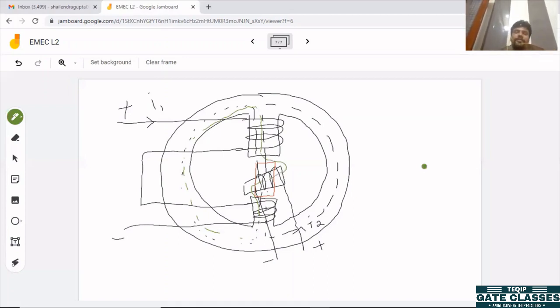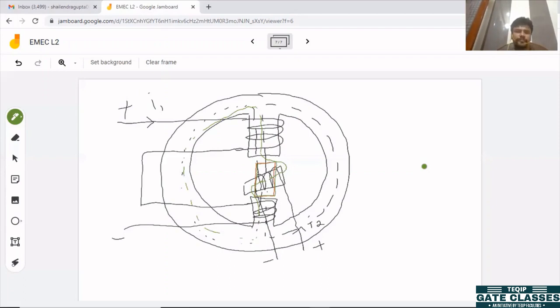Okay, now the reluctance torque will try to reduce the air gap part of the path, and again the same rotor will align like this.